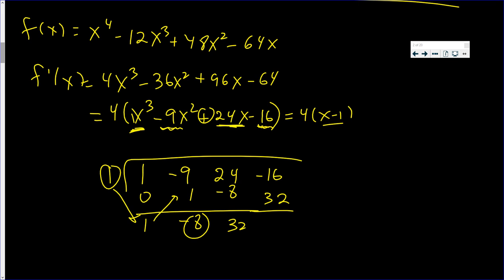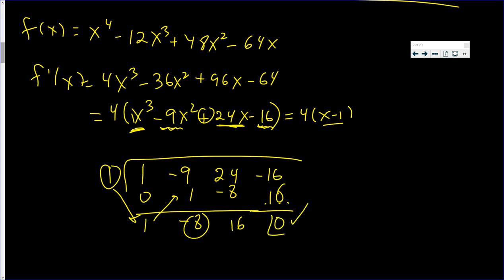Let me just see what's going wrong here. Negative 9 plus 1 is negative 8, and 24 minus 8 is 16. 1 times 16 goes there. I add, I get 0, just like I should.